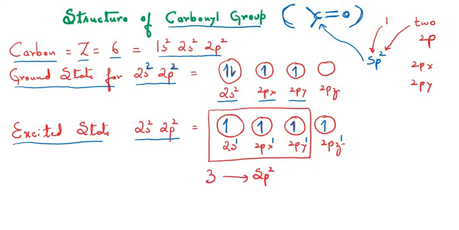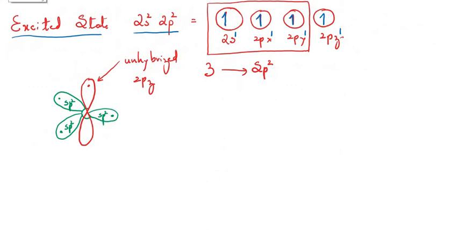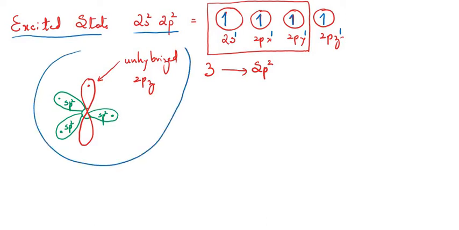Is it clear, students? In the next part, I have written the structure of the carbon involved in hybridization. This carbon has sp2 hybridization. There are 3 sp2 hybrid orbitals directed towards the 3 corners of a triangle, which have been mentioned here. I hope you are able to see that. This is one of the sp2 hybrid orbitals, which has one electron.